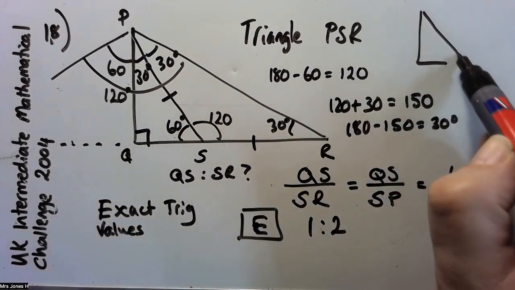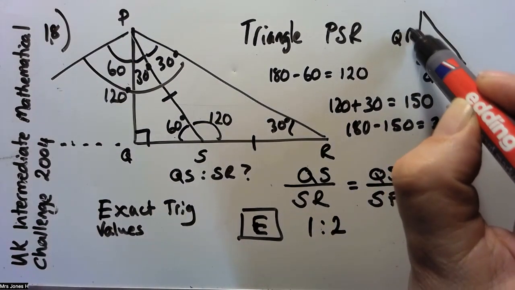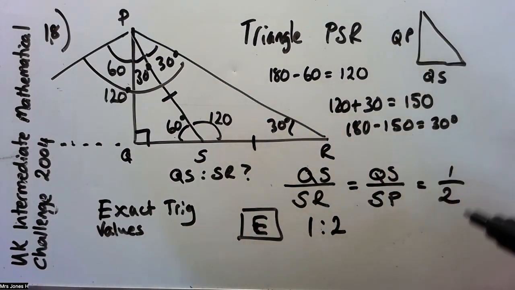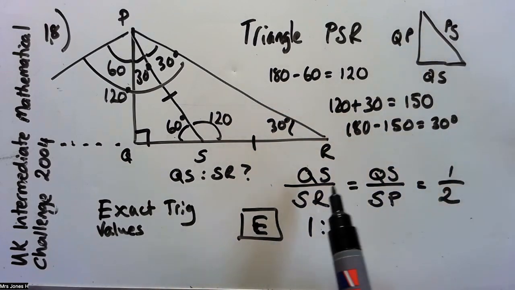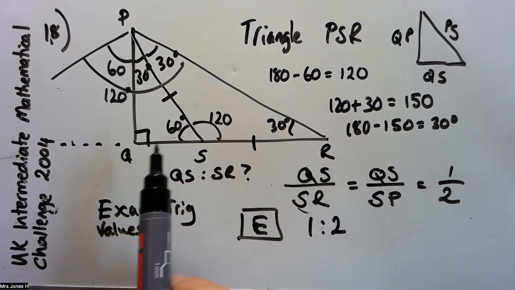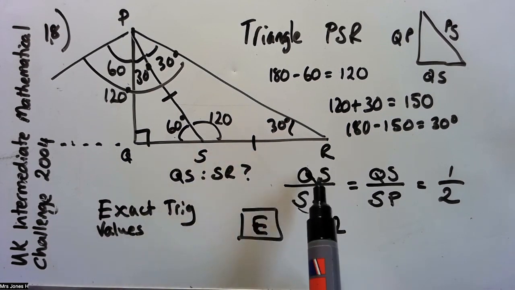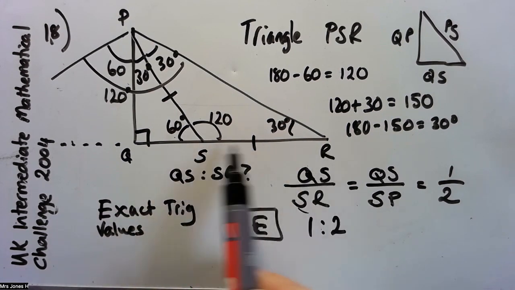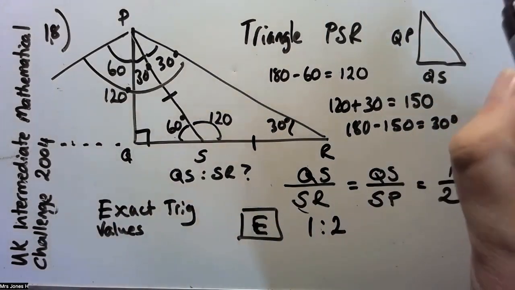If we've got here, this is QS here, this is QP here, and this one will be SP. So this QS is here, which is obviously the same as the QS. SR is here. This is the ratio that we want, but this is the same as this length here. So we could take out the PS and put in the SR instead.